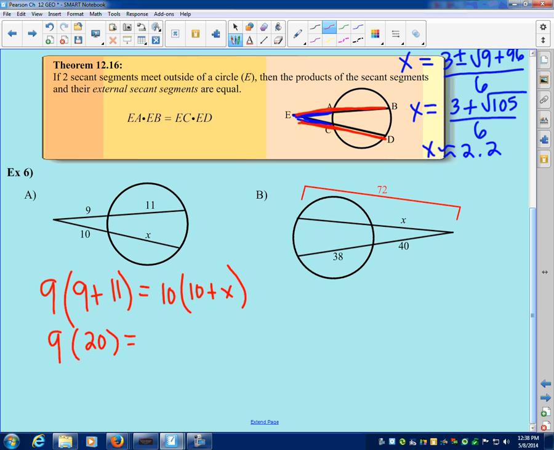If I distribute here, I have 10 times 10 is 100 plus 10x. That's x to the first. So at least this one's linear, right? It's linear. It's not too bad. It's not a quadratic. So 9 times 20 is 180 equals 100 plus 10x.